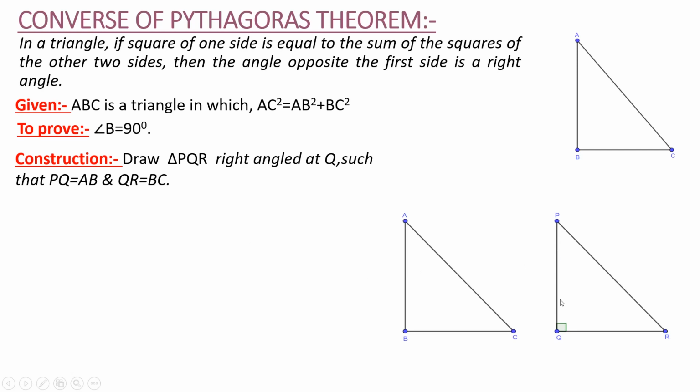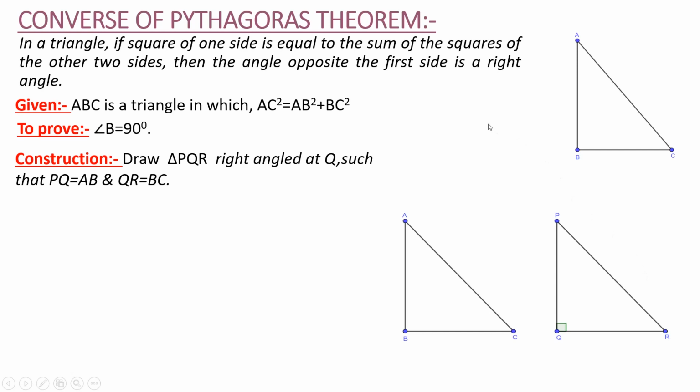The length of PQ is equal to the length of side AB, and the length of side QR is equal to the length of side BC in triangle ABC. And the only difference between these two triangles is that angle Q is equal to 90 degrees. That means triangle PQR is a right triangle.